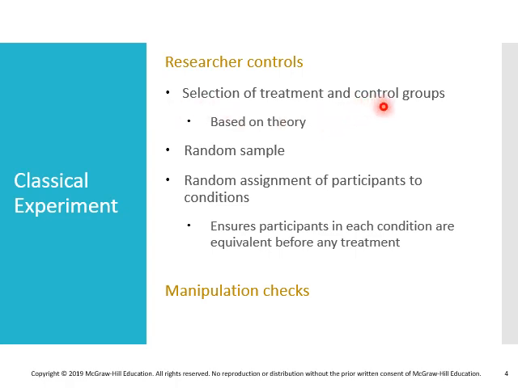The control group is the group that is held constant, and we use that to compare to the treatment group. So in the most basic design, there is one control group and one treatment group, so you have two groups. We're effectively comparing the outcomes of the control group with the treatment group.